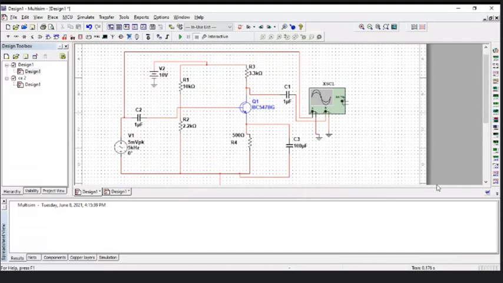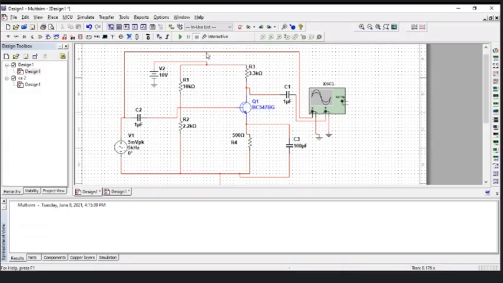Everything I think seems fine: 10 volt, 10K, 2.2K, 500 ohm, R4, 100 microfarad. Okay, Ankush, everything seems fine. I think the circuit is okay. Run it. Which kind of problem are you facing?